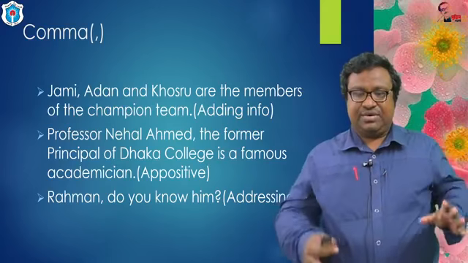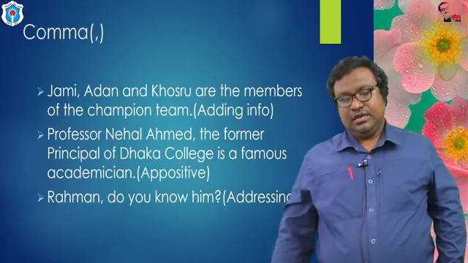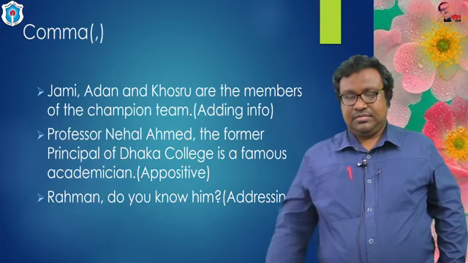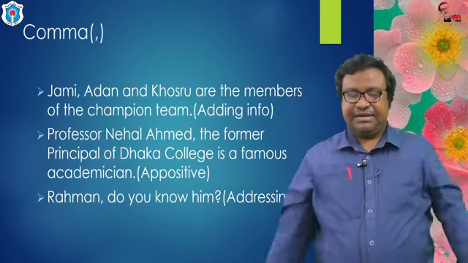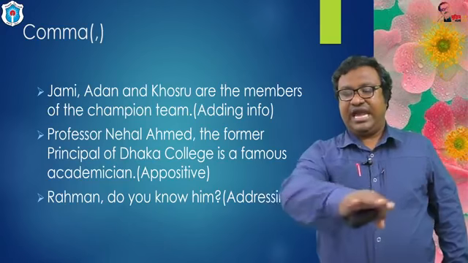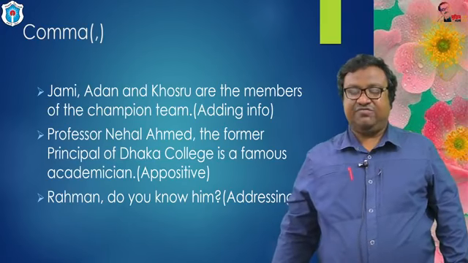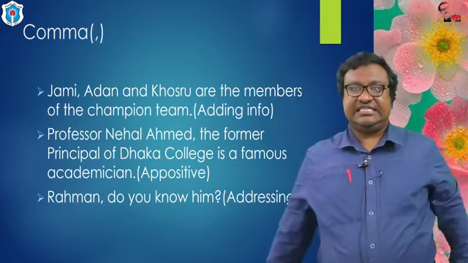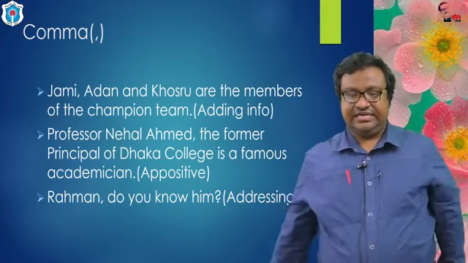When we make mistakes, let's see the examples regarding the comma. Suppose we have not put any kind of punctuation here, and all of these things are in capital letters and small letters.